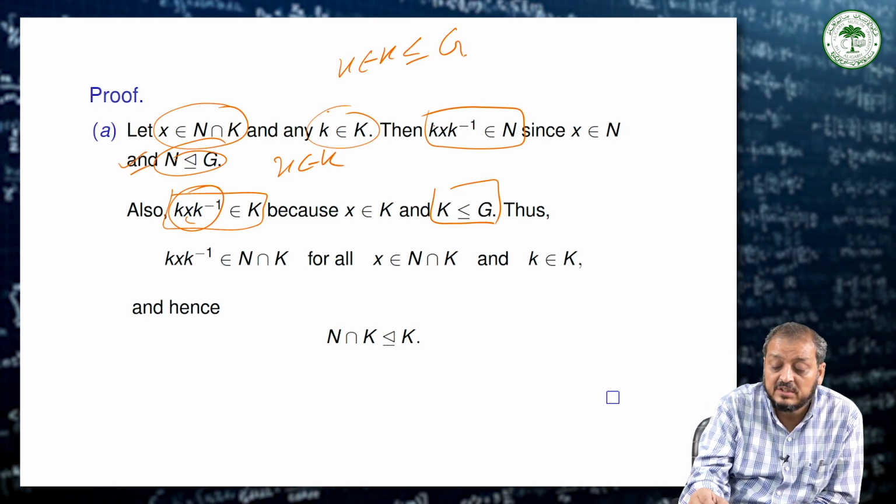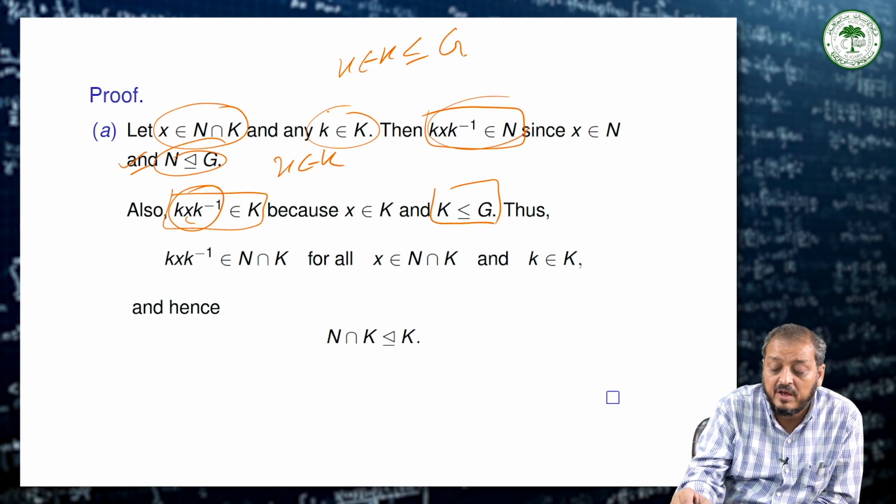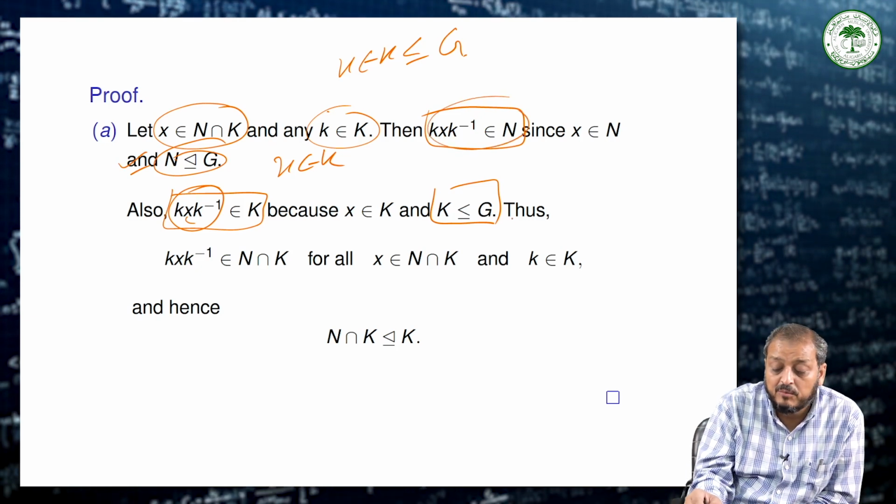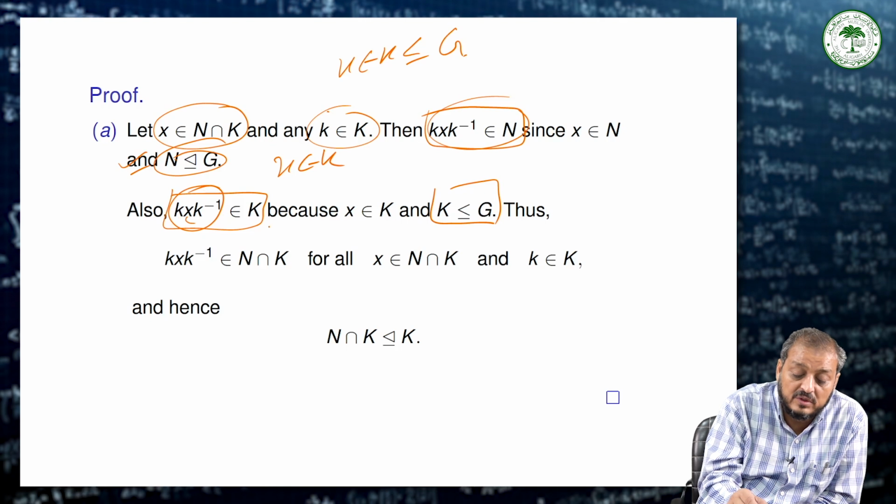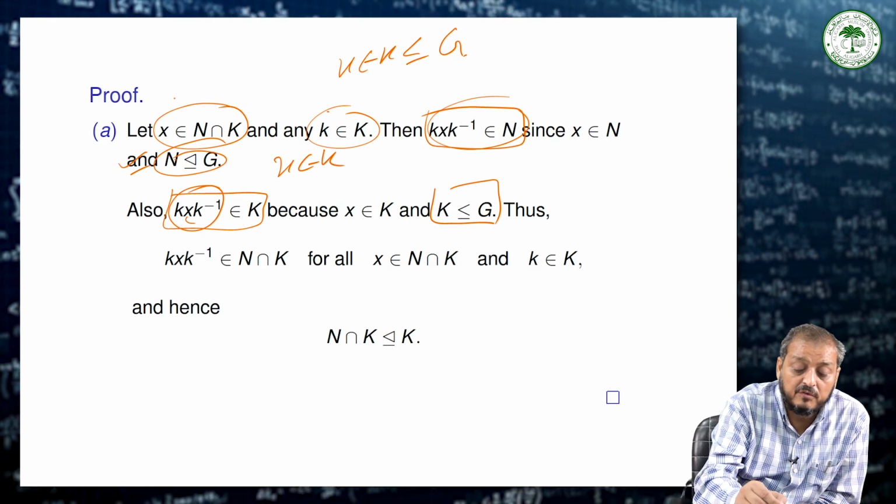By normality we can say that kxk inverse is an element of N, and by the subgroup property we can say that kxk inverse is an element of K, because x is an element of this intersection.